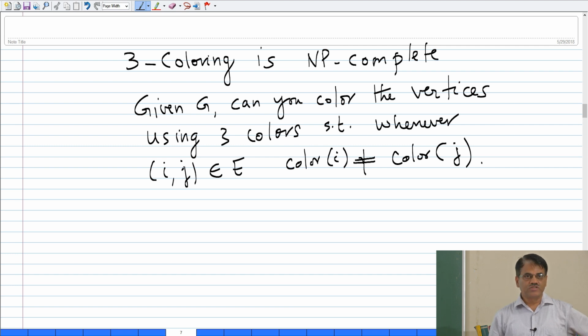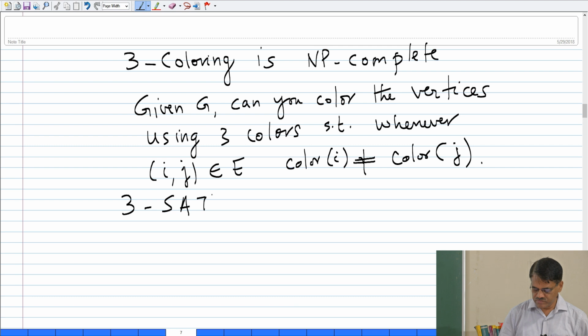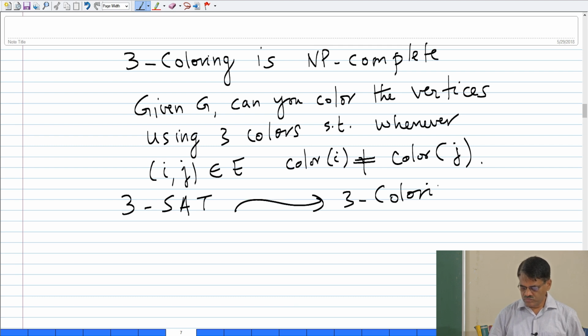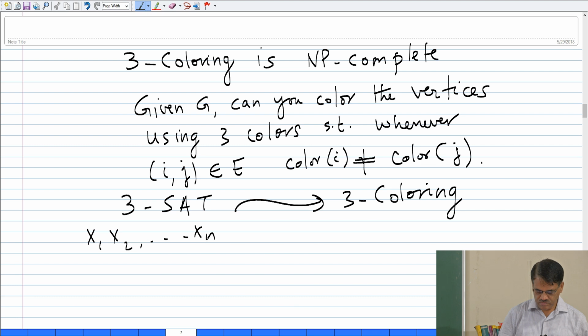Okay, my reduction. So how do I show it's NP hard? I have to pick a known NP hard problem and reduce it in polynomial time to my graph coloring problem. And the problem I'm going to choose is again 3 SAT. So the input here is some variables and some clauses.